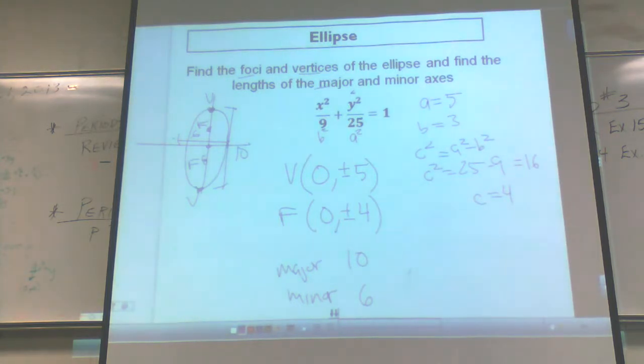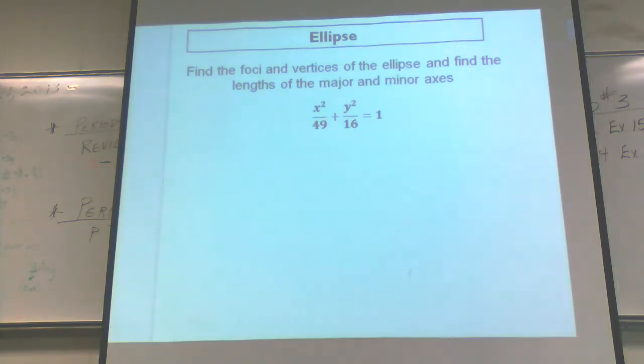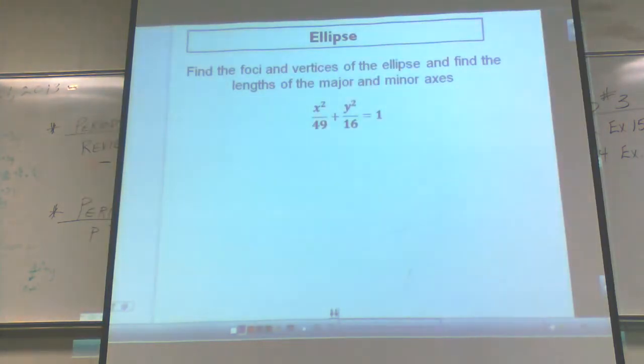It's just getting you to identify the correct spots for the numbers, be able to find c the correct way, and so on. Okay? So, this is the same kind of idea, right? I'm just finding the vertices, the focus points, major, minor one. And this one, yes, would be more horizontal, because the bigger number's underneath the x.